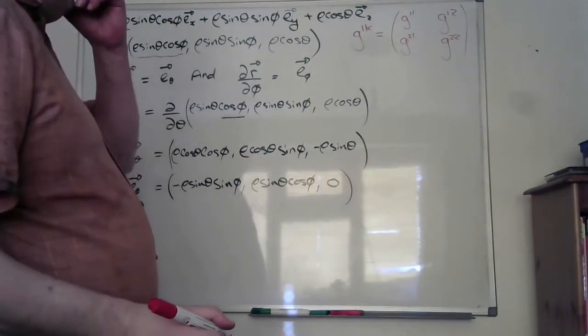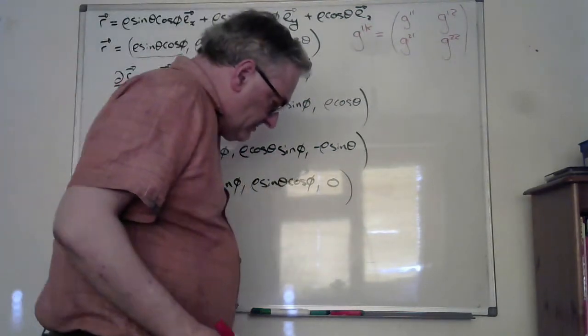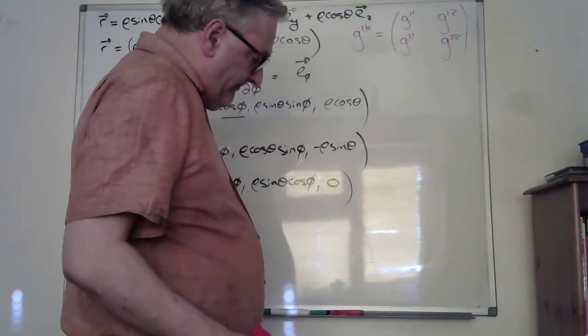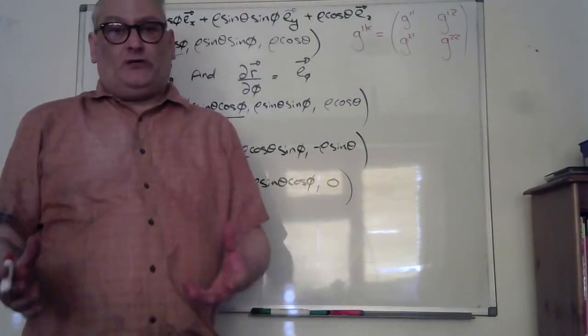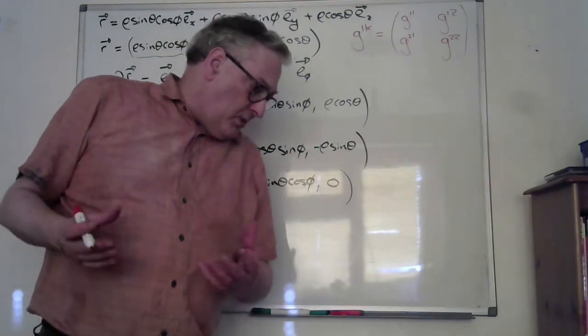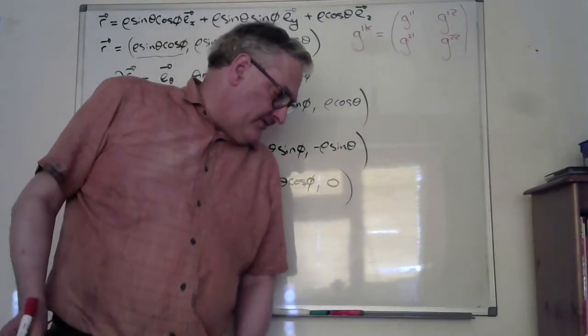Well, it turns out to find G, we have to form two matrices, which I'm going to call M and N. But what are M and N, and how do we find them?